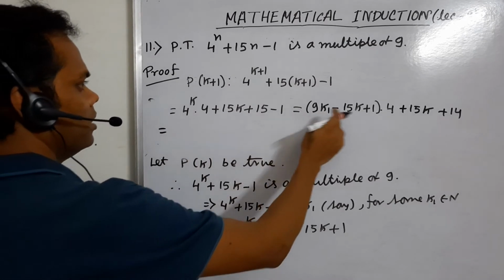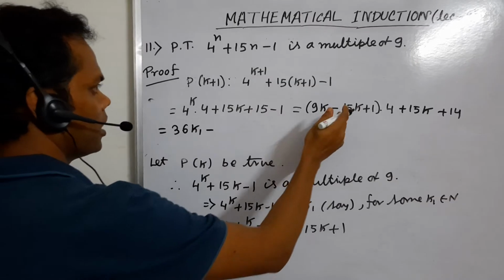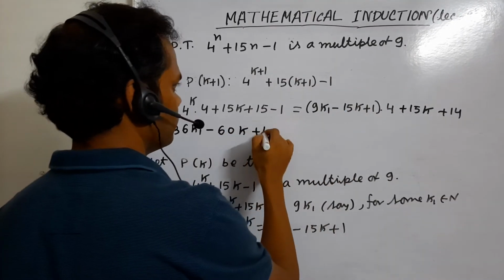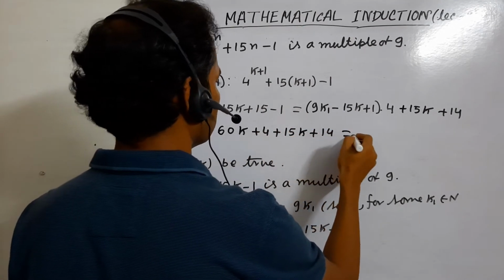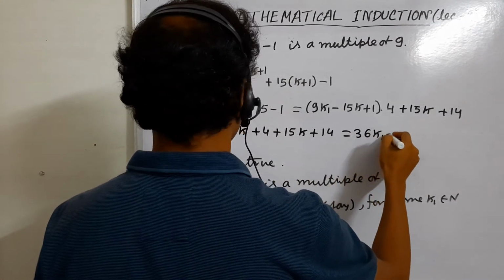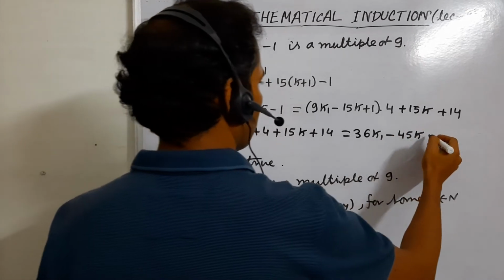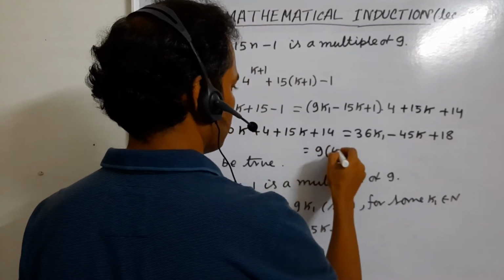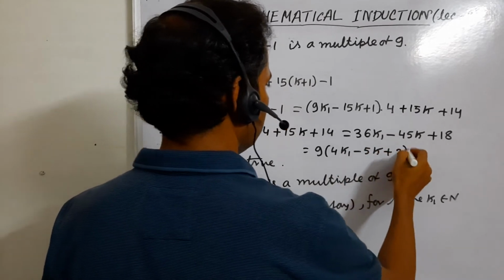So 9k1 into 4 is 36k1, minus 60k plus 4, plus 15k plus 14. So 36k1 minus 45k plus 18 equals 9 into 4k1 minus 5k plus 2.